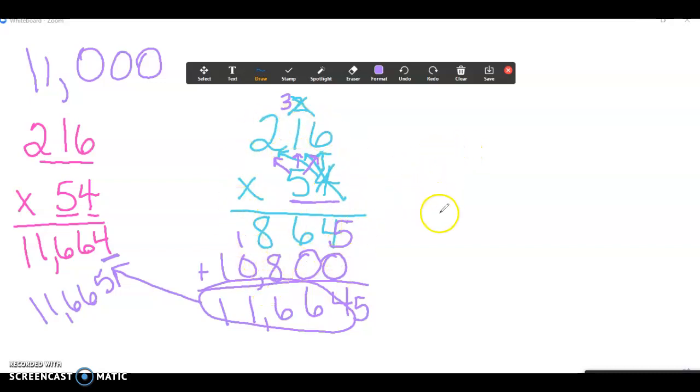So if you do it off to the side and you do it again and you get the same answer, then it's probably correct, okay? Or you can do another strategy. So if you do it with the standard algorithm the first time and say, oh man, I don't know if that's correct or not, then you can do it maybe with the partial products method. And if you get the same answer, then you know it's correct, okay?